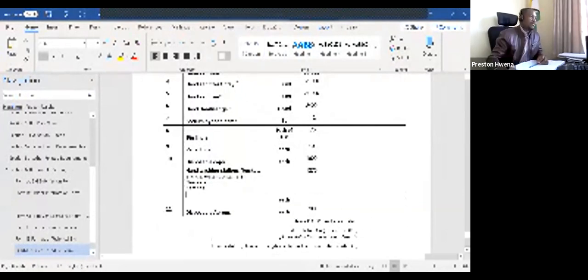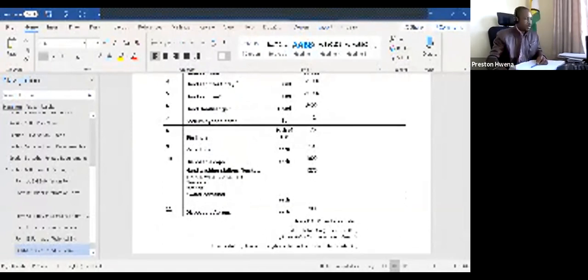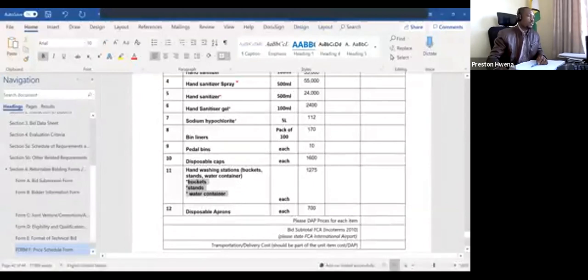We need to allow anyone who is able, because one bidder may be a manufacturer of buckets and might be very cheap on those buckets. So we want to allow such suppliers also to participate.